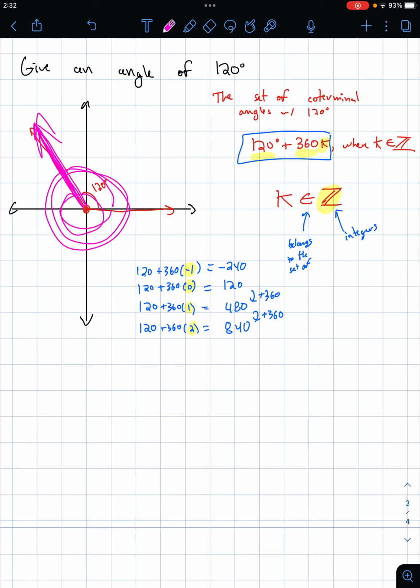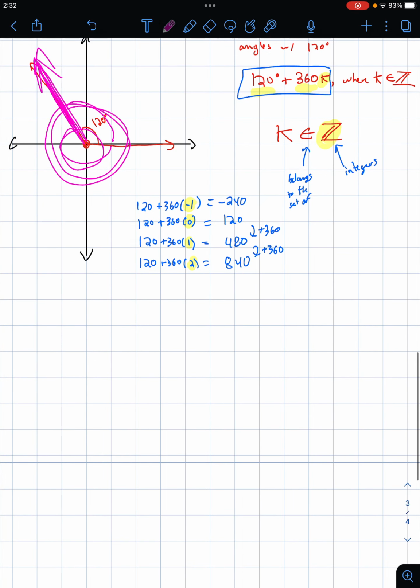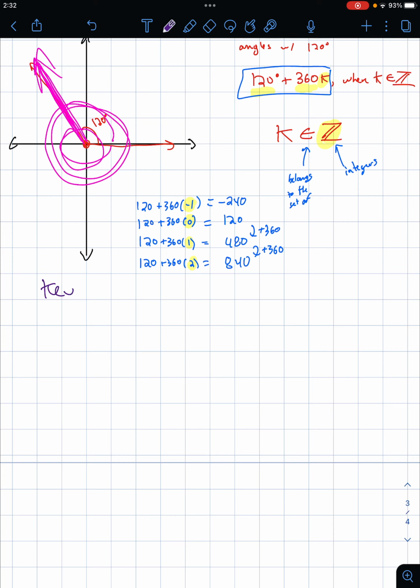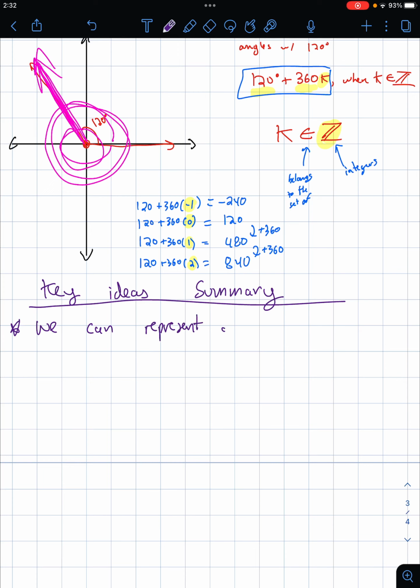Okay, so that is basically the main ideas we want to cover in this first lesson. So I'm going to do a key ideas summary, and then that'll wrap up this video. Key idea number 1: we can represent angles in the coordinate plane.